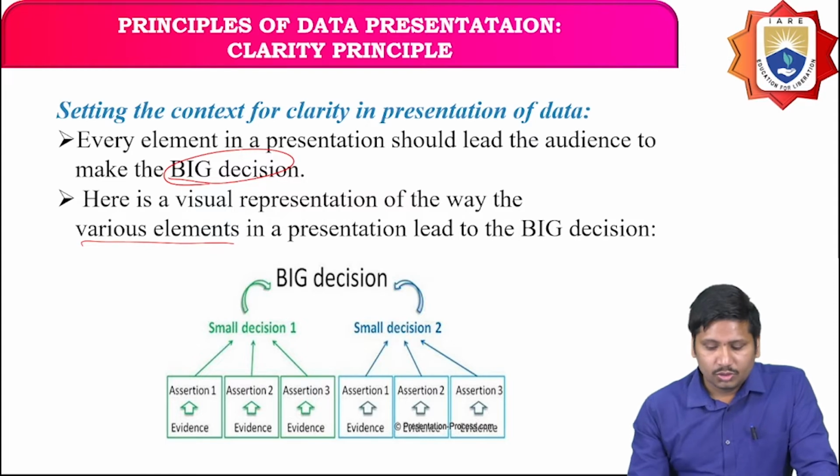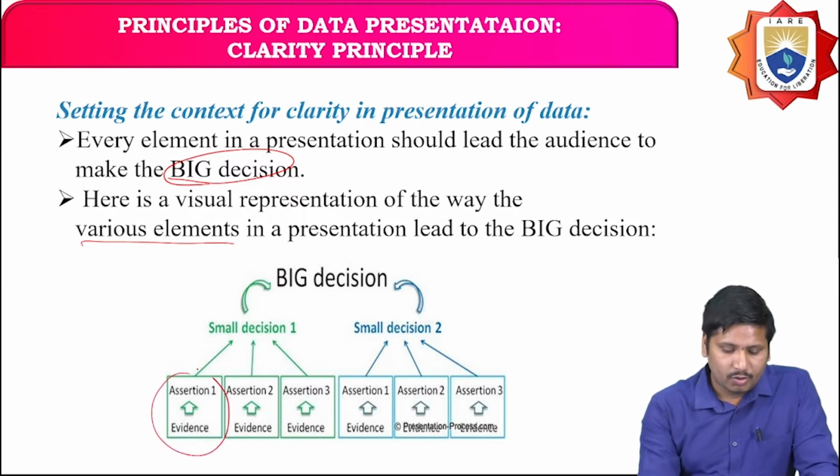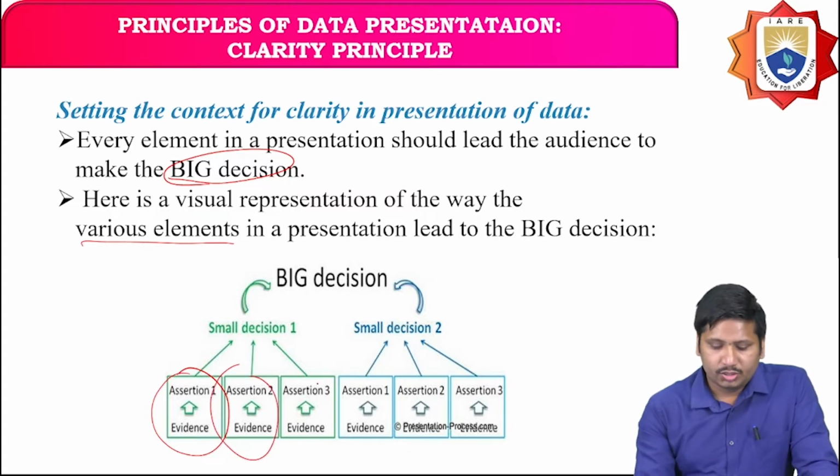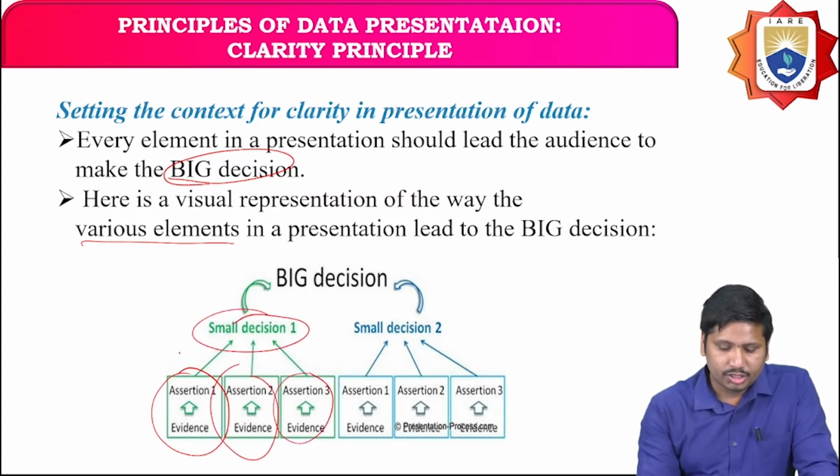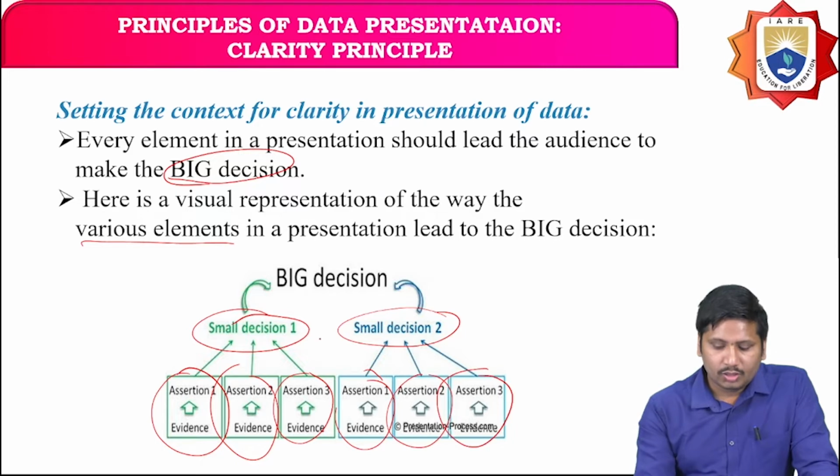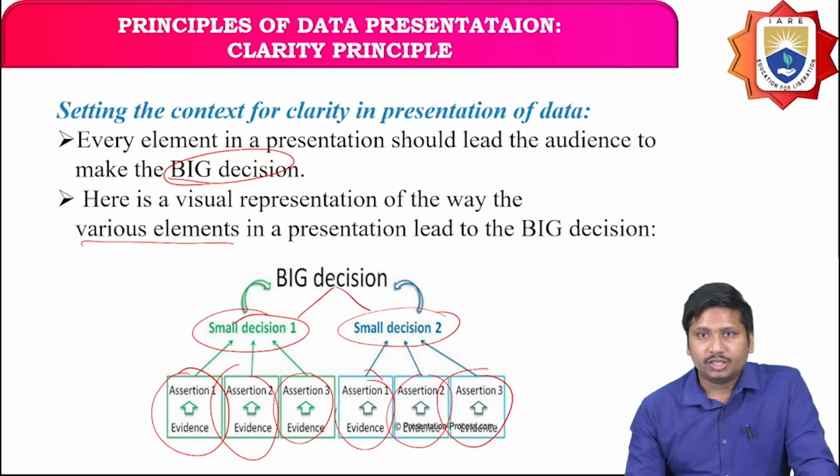By looking at this diagram, I can understand how to make a big decision by seeing the presentation of the data. Make small assertions of one single small decision, and similarly take another decision and make assertions of that one, so that this may lead to the big decision.